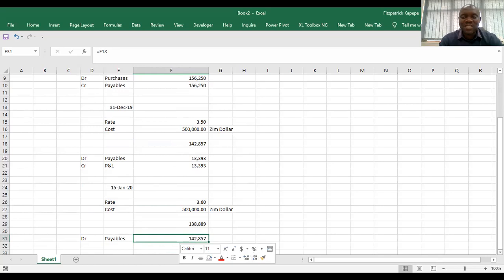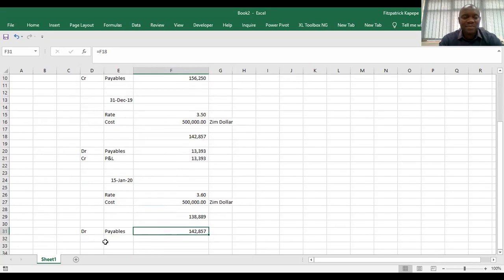So we no longer owe the suppliers, not even a bit. But we are also going to credit because we paid less than what we should have paid. We should have paid 142, but we're actually paying 138. So again, we'll go to P and L.